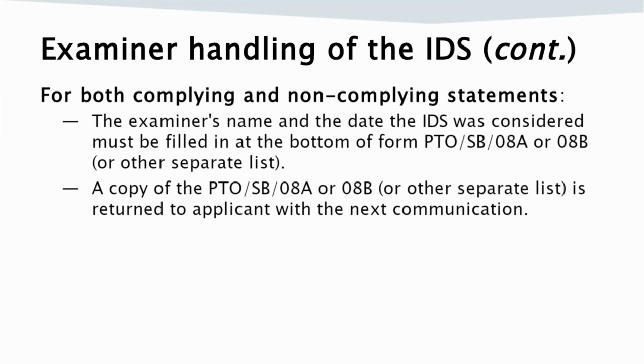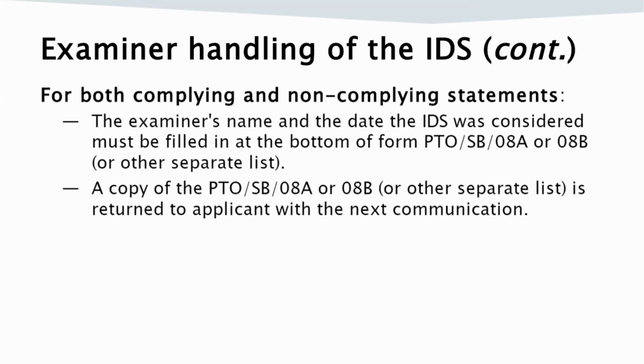Those citations not considered by the examiner will have a line drawn through the citation, and any citations considered will have the examiner's initials adjacent thereto, or the bottom of each page of the information disclosure statement may include the phrase, "All references considered except where lined through," along with the examiner's electronic initials.